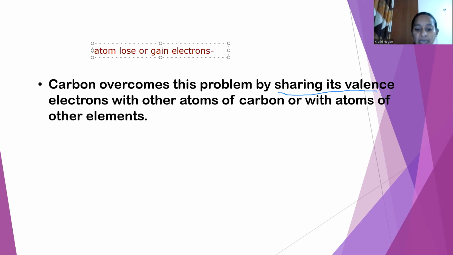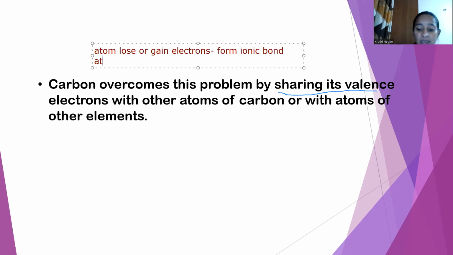Whenever an atom loses or gains electrons, it forms an ionic bond. It forms ionic bond, okay? But here what is happening? The atom is sharing electrons. When an atom is sharing electrons, what type of bond does it form? We have to see that now.